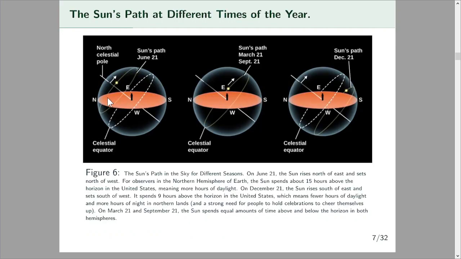In the summertime, the sun rises north of due east and sets north of due west, and it's high in the sky. You get more daylight in the summertime, and the sun is higher in the sky, so it's brighter. You get less daylight in the wintertime, and the sun is lower in the sky, so it's dimmer. So those are the 2 reasons why summer days are hotter than winter days: longer days and more direct sunlight.